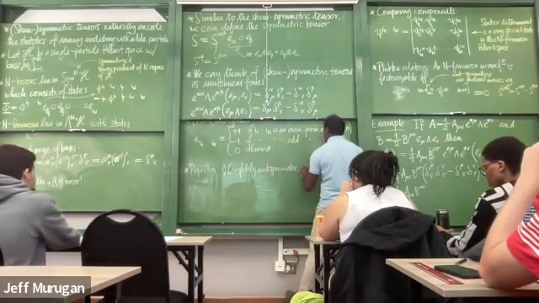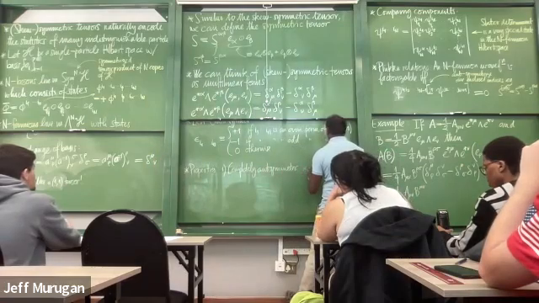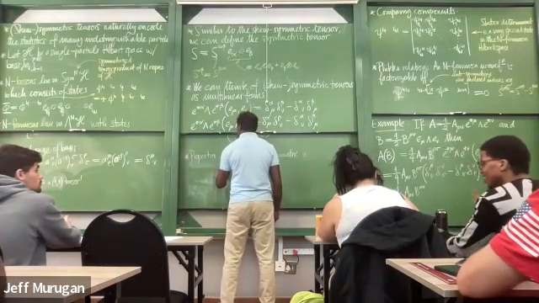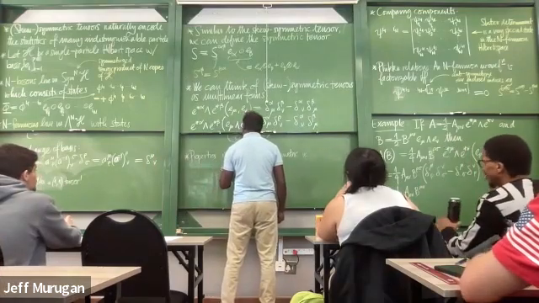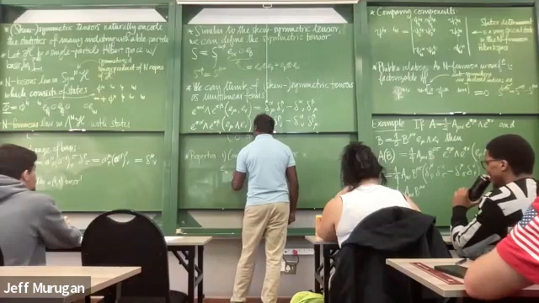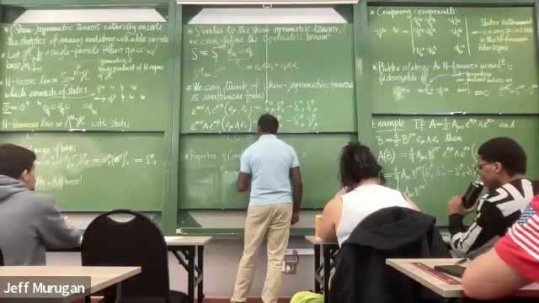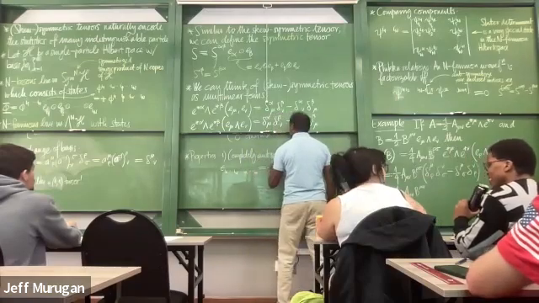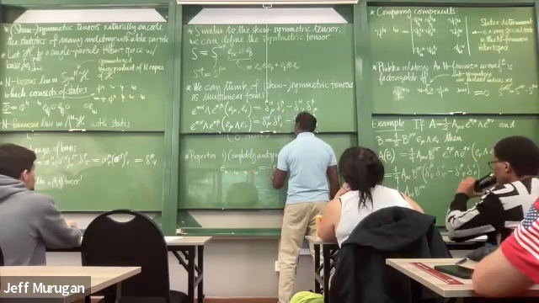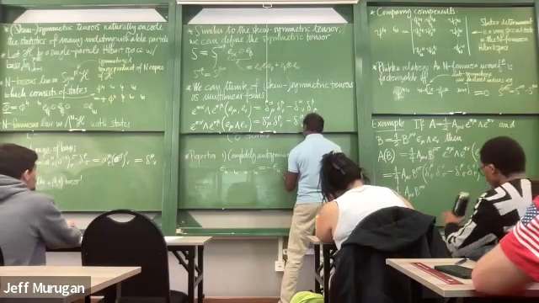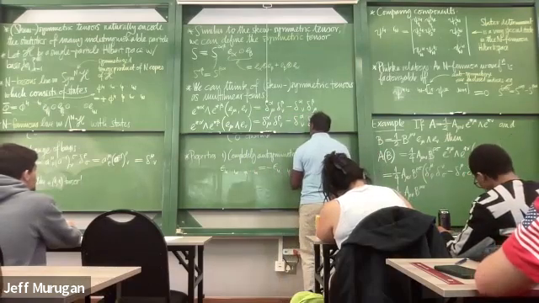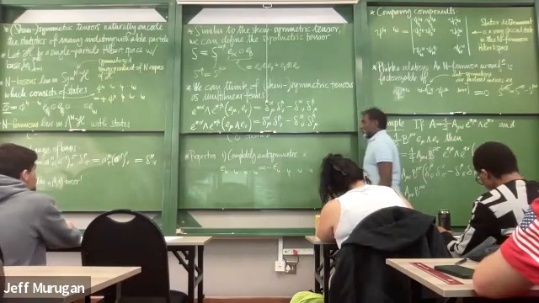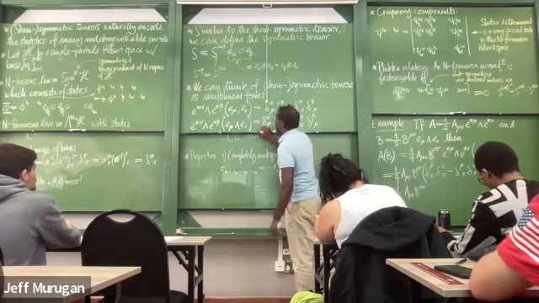In other words, epsilon I1, I alpha, I beta, I n is minus epsilon I1, I beta, I alpha, I n, for any pair alpha and beta.